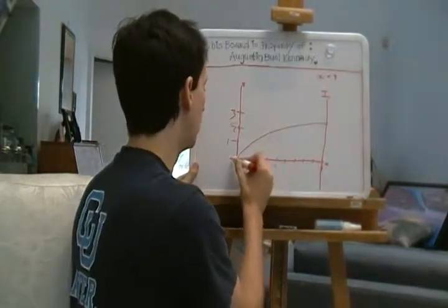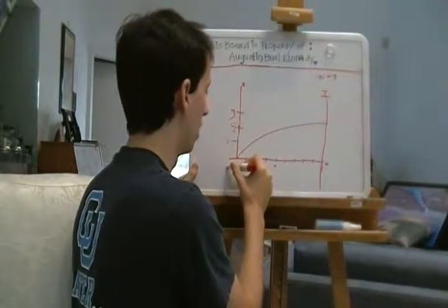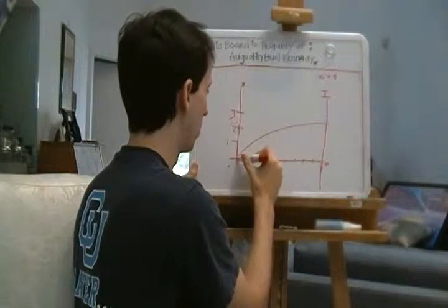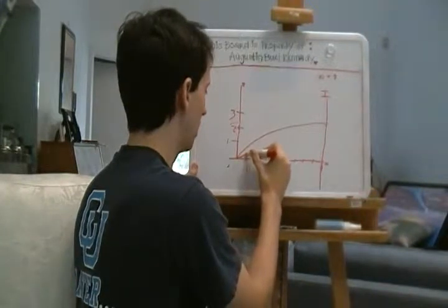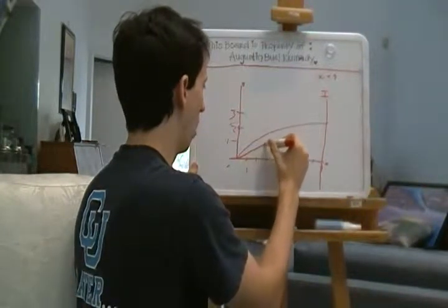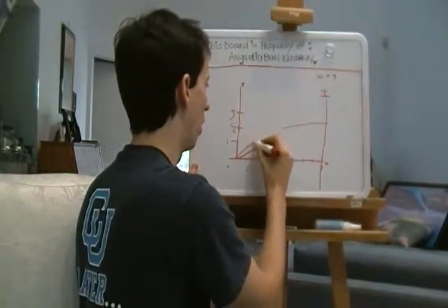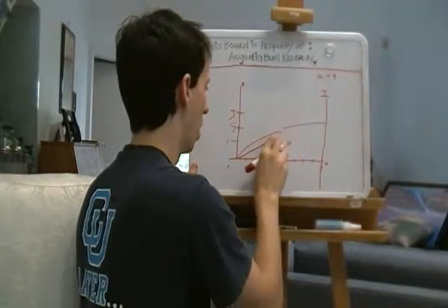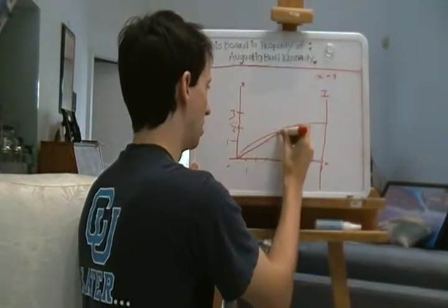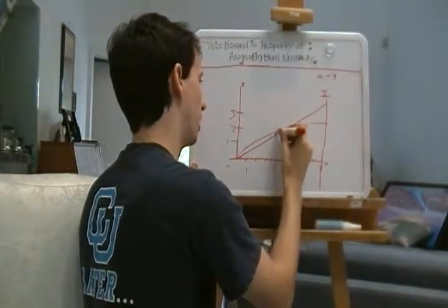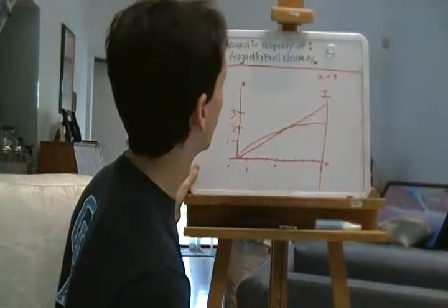And x over 2 is going to have a slope of a half: 1, 2. So they're going to have to intersect here at 4. This is where my lack of artistry is a real liability.